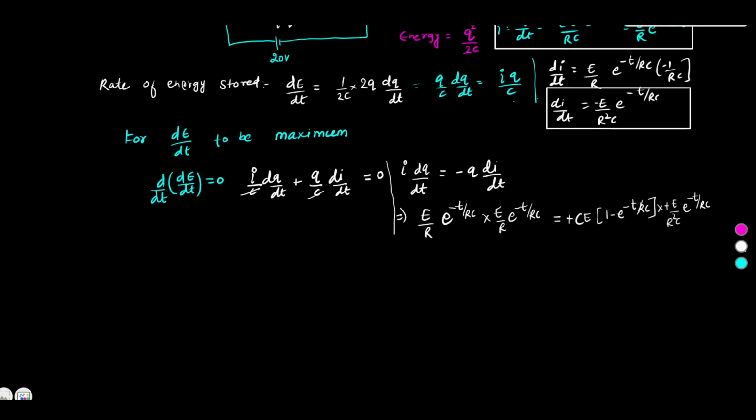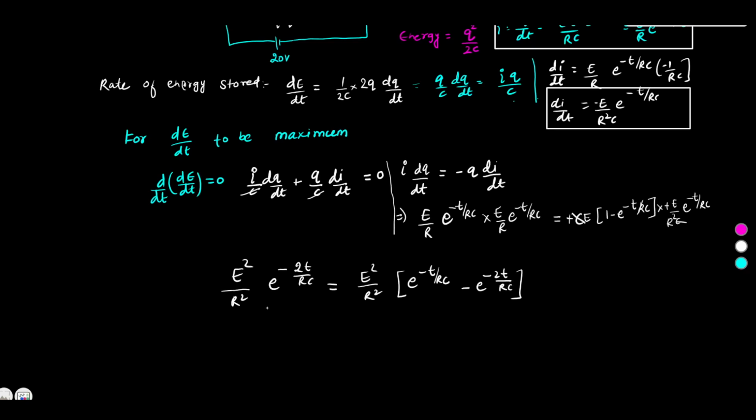If I simplify these expressions, you get E square by R square e raised to the power minus 2t by RC equal to E square by R square times (e raised to the power minus t by RC minus e raised to the power minus 2t by RC).